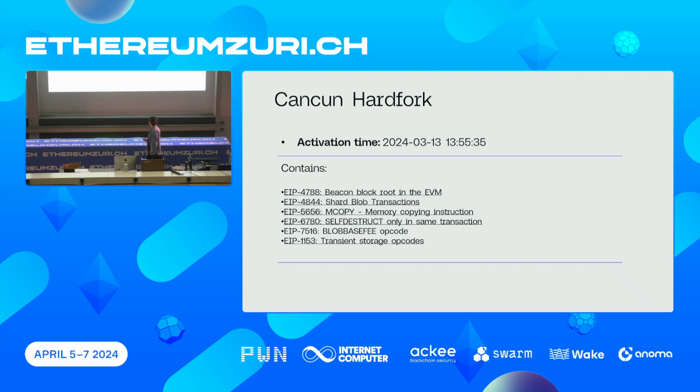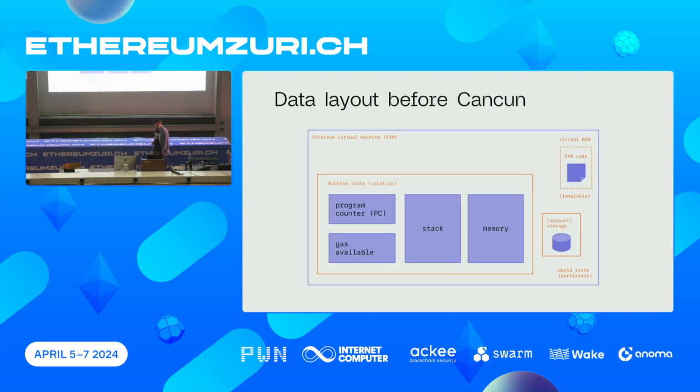So I will talk quickly about how the data layout was before Cancun. So within an instance of the Ethereum virtual machine, you had the stack, the memory, which you can write to. The code is immutable.